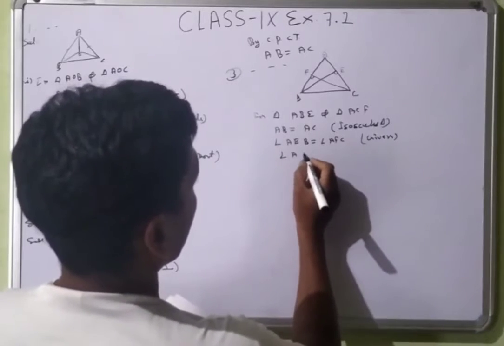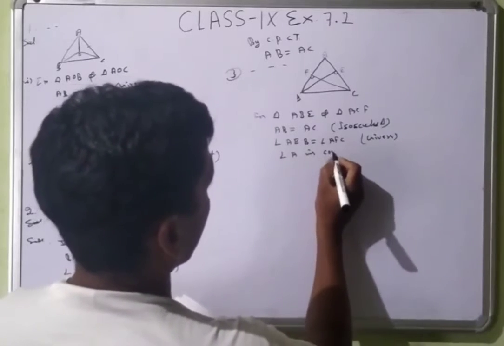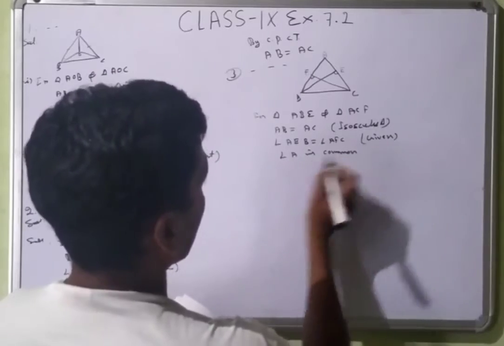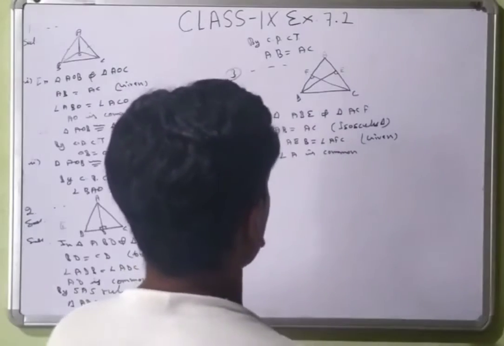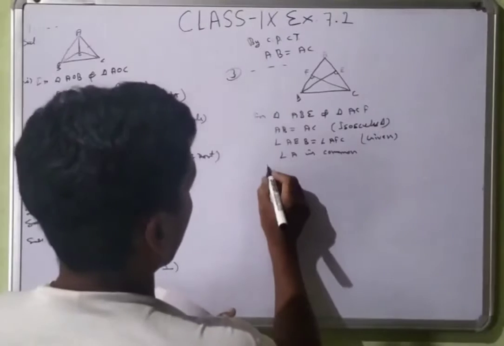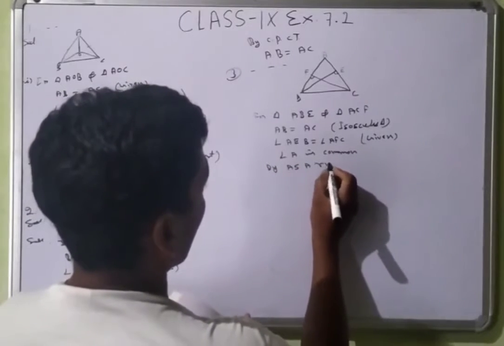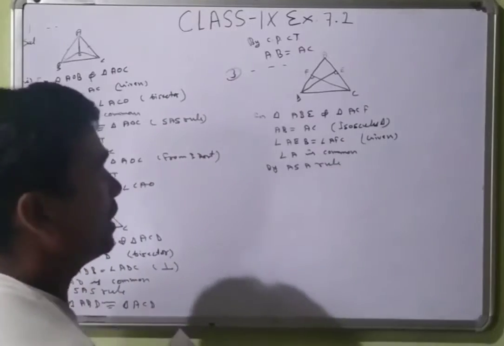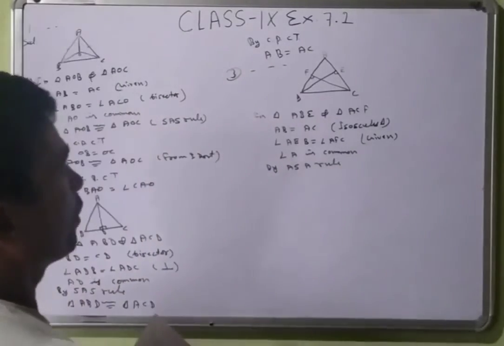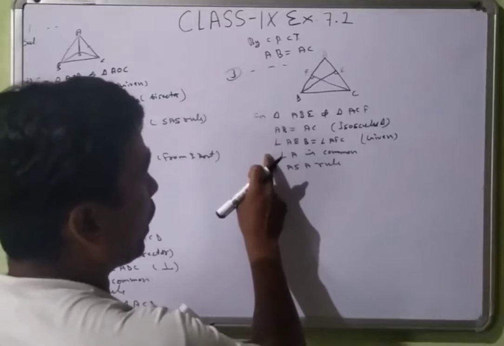Angle A is common for both triangles. You are looking at the angle A there. By ASA rule, angle side angle, because one side is here and two angles are here.